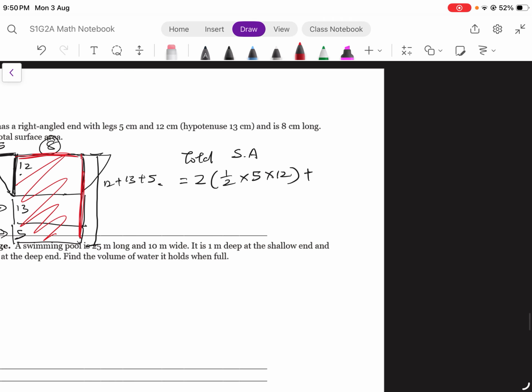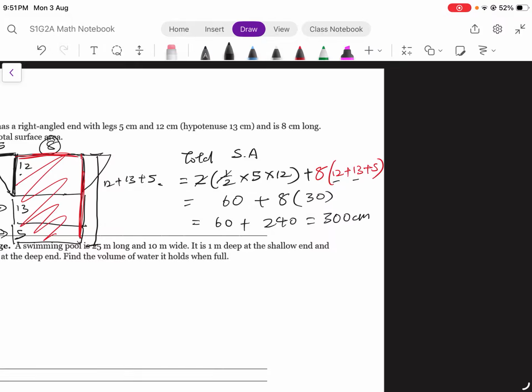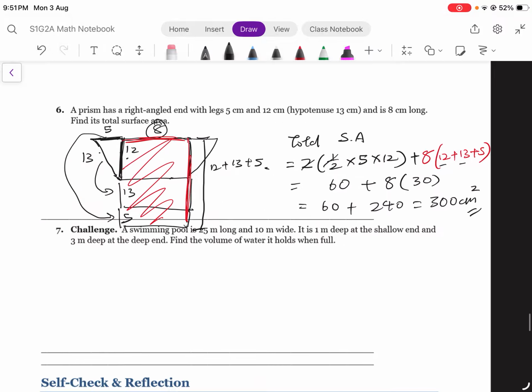So 8 bracket 12 plus 13 plus 5. So this one cancels, 5 times 6, 12, 60, plus 8 times 12 plus 13 plus 5, which is 30. So 60 plus 240, 300 cm square, because total surface area.